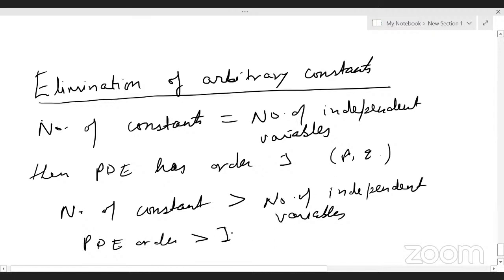That is, you can go up to R, S, T. Okay. So this is the general rule, but it is not always followed. Like there is one question in the book where there's only one constant, but still you differentiate it twice. That is, you go to the level of R, S, T. Okay, so this is not a very strict rule.